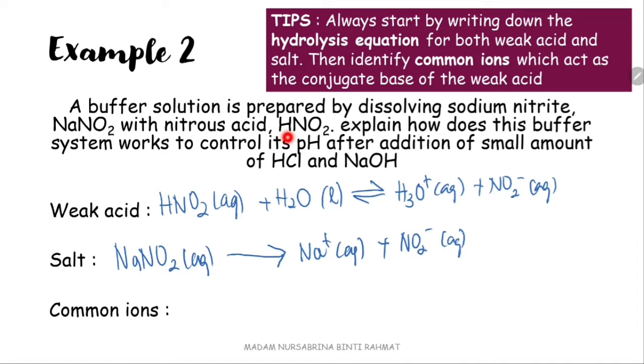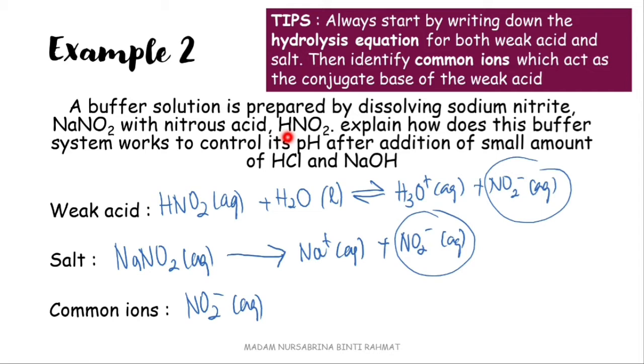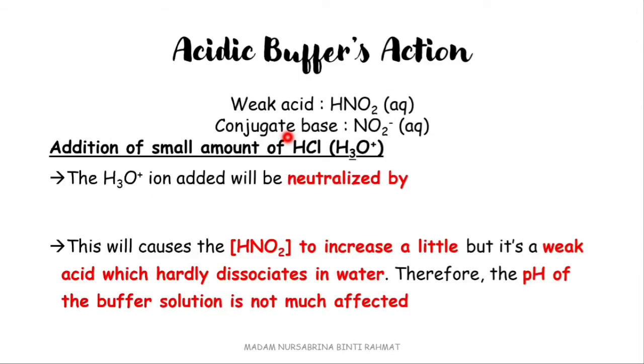As you can see, there is NO2- in both equations. So that means NO2- is the common ion. Therefore, this sodium nitrite and nitrous acid mixture can work as a buffer system. So what will happen if I add a small amount of strong acid? Our buffer is made up of our weak acid, HNO2.